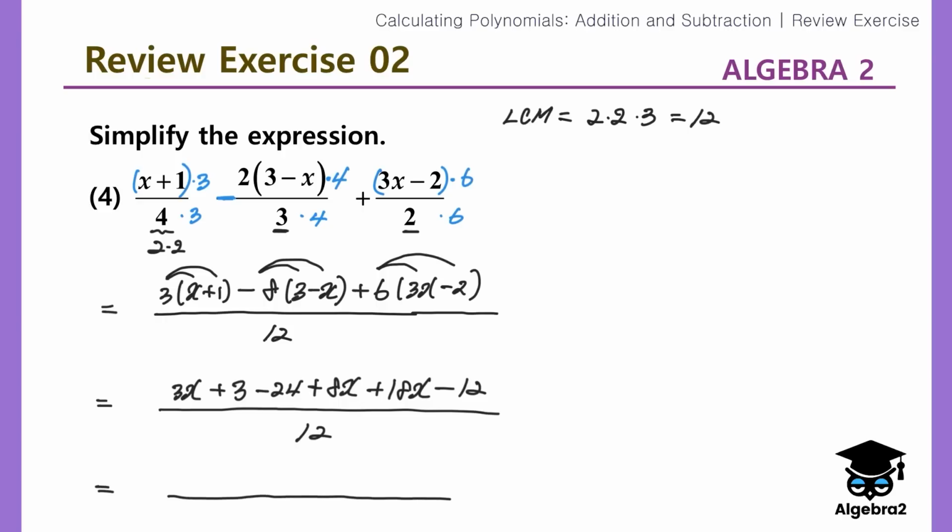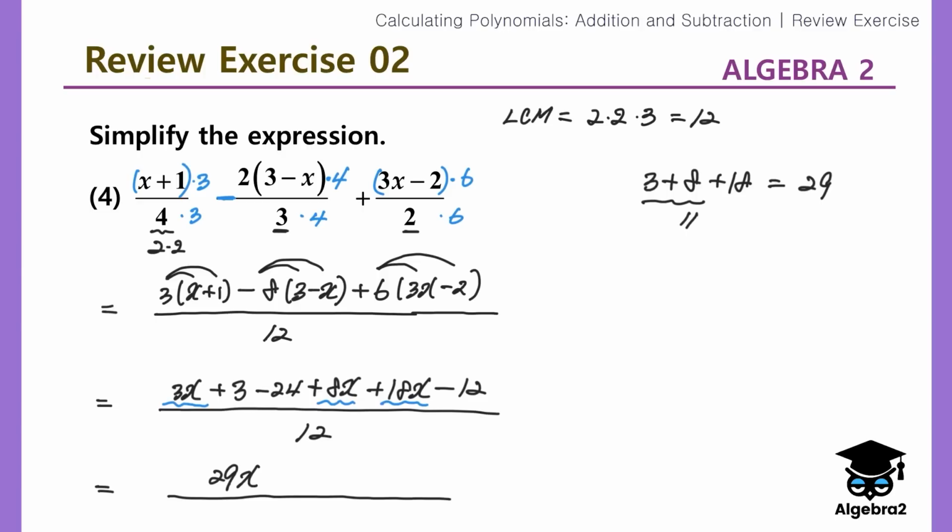Okay, look at numerator. We have 3x, 8x, 18x. So 3 plus 8 plus 18, that is 11 plus 18, so that's 29, right? So we have 29x.